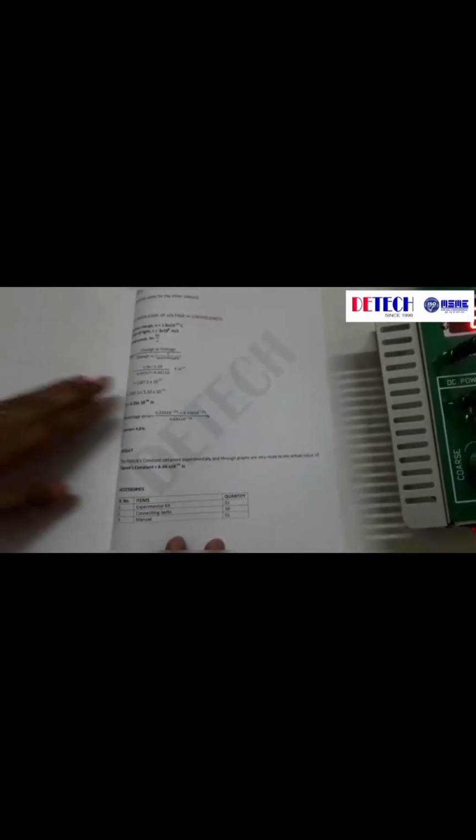And from the knee voltage from the IV characteristic graph, the calculated value is coming to be 7.28 into 10 to the power of minus 34 joule second, and the percentage error is 9.8%. You can also do this for individual LEDs. And from the slope of voltage versus 1 by wavelength, we are getting 6.32 into 10 to the power of minus 34 joule second, and the error is only 4.6%.